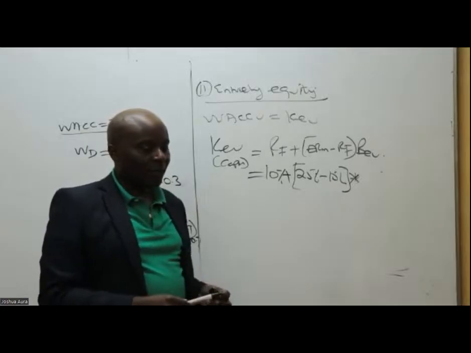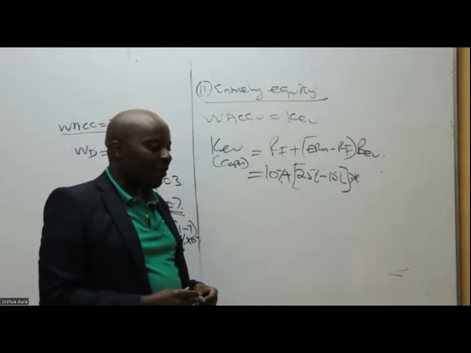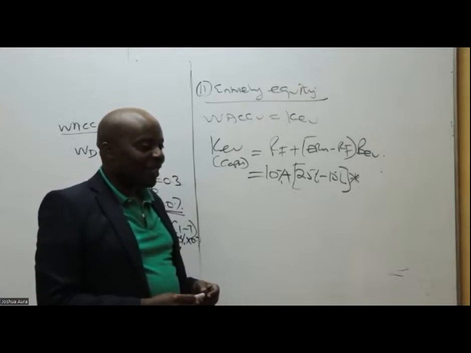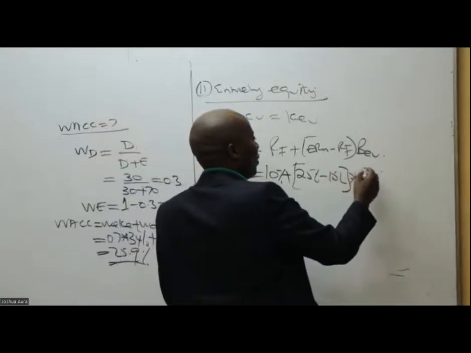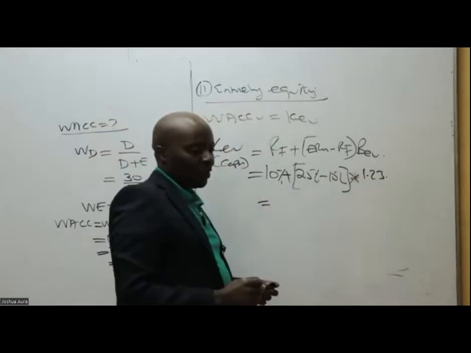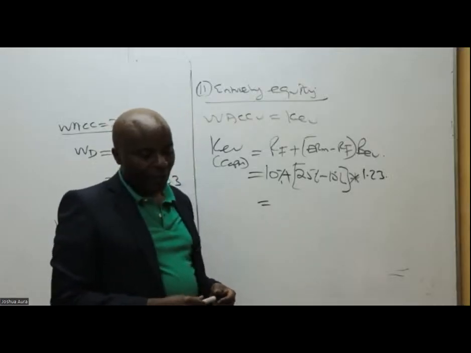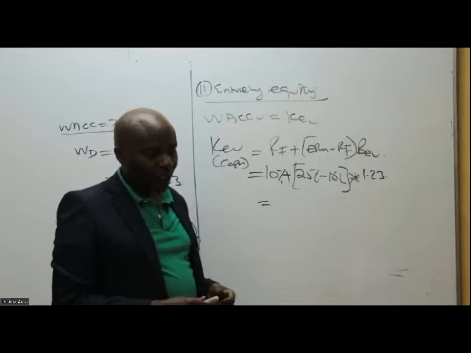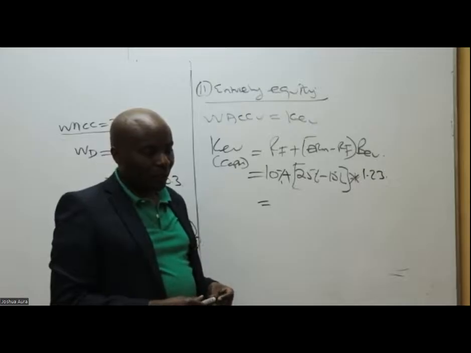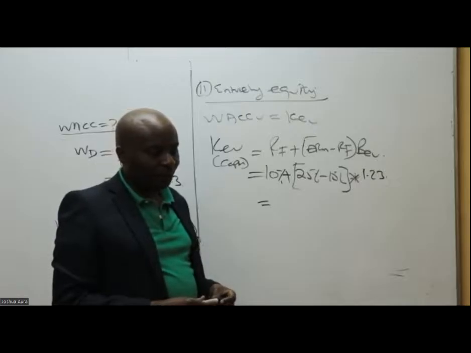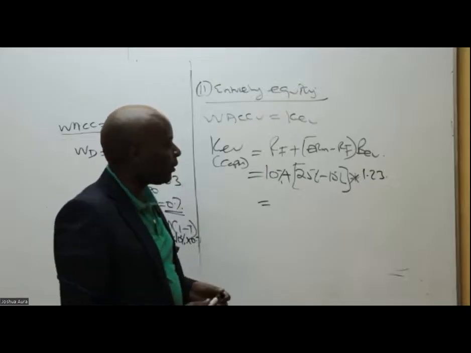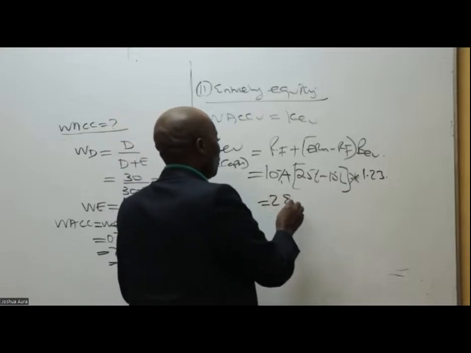Is there somebody who can remind us what beta was? 28.45. Give me the final answer. So then this one here will give me what answer at the end of the day? Could you kindly give me an answer, somebody here? The final answer will be what? 28.45. Thank you so much.